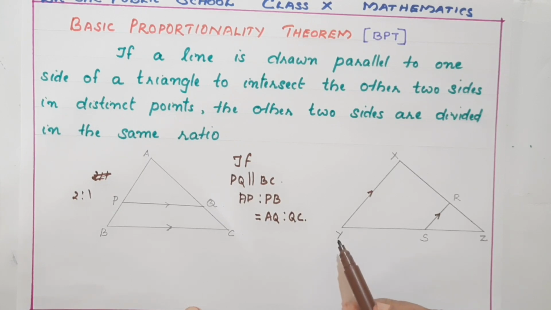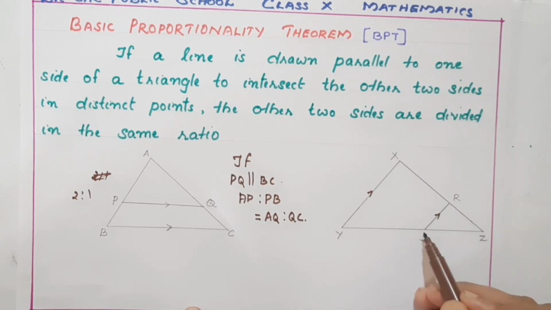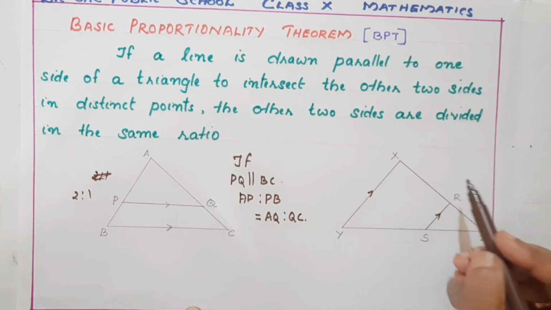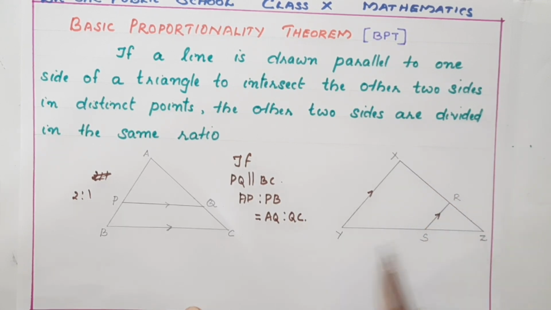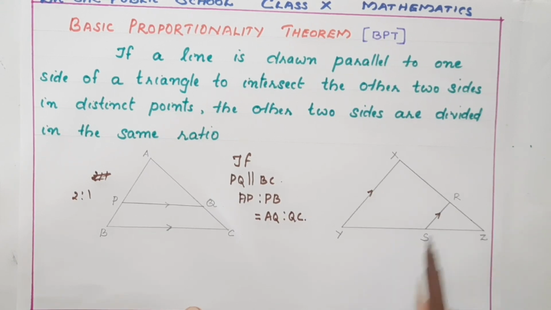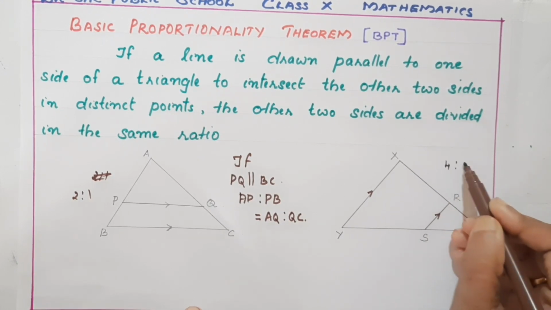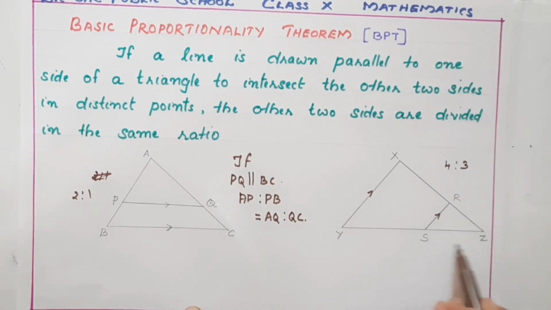Then what does the theorem say? This RS divides the other two sides, XZ and YZ, in the same ratio. That means if this side is in the ratio 4:3, then this side also will be in the ratio 4:3.